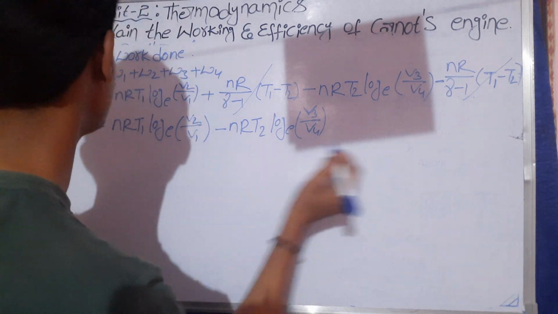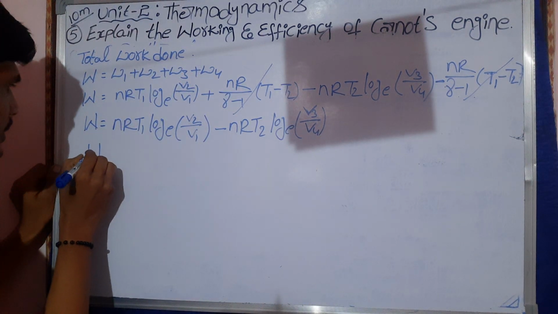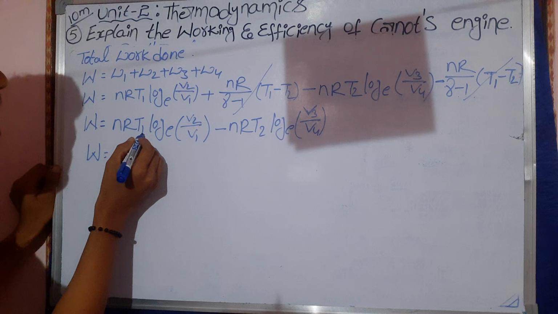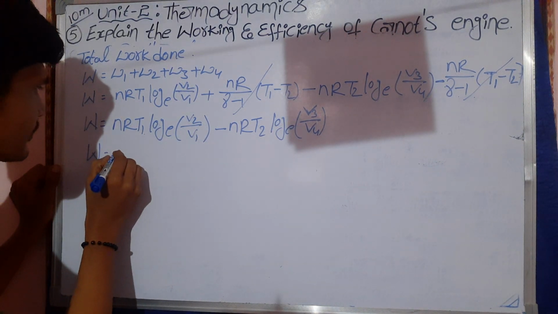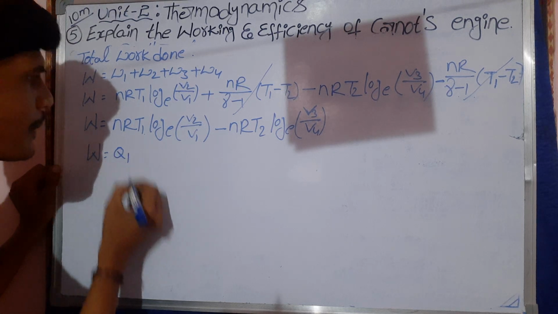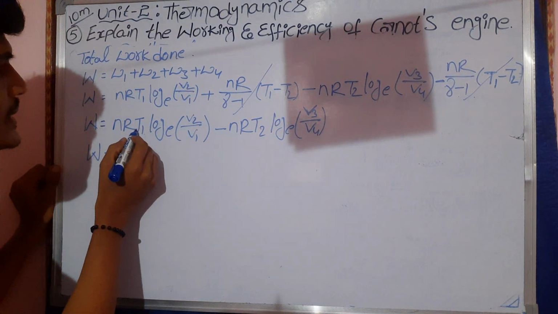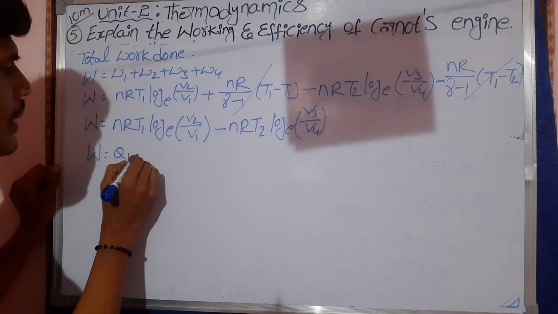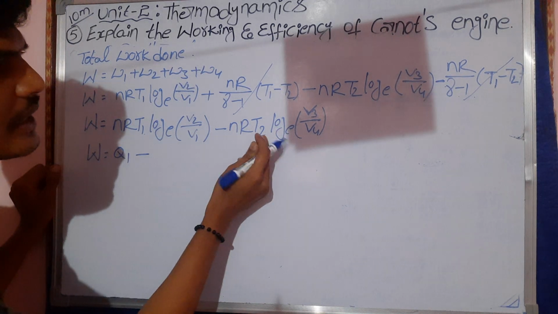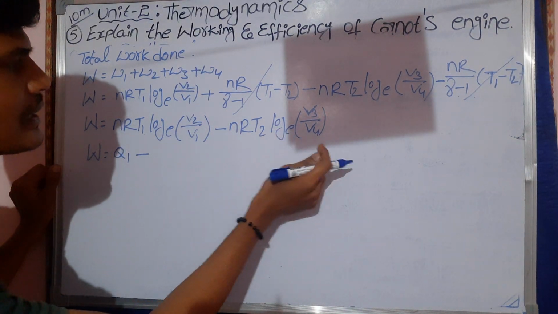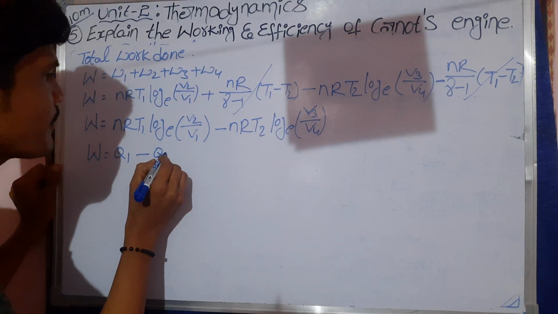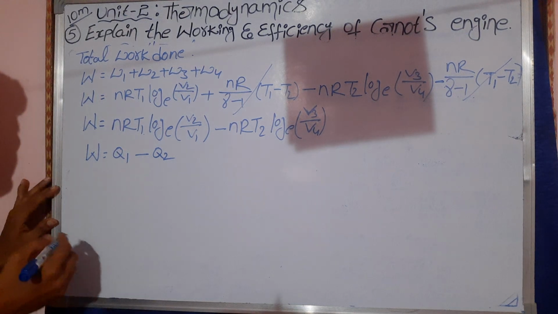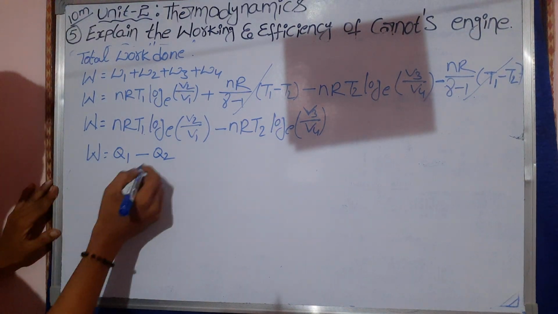So W equals NR T1 log e base V2 by V1, which means Q1, step 1, isothermal expansion, minus the isothermal compression or contraction term, which is Q2. So this is the working equation.